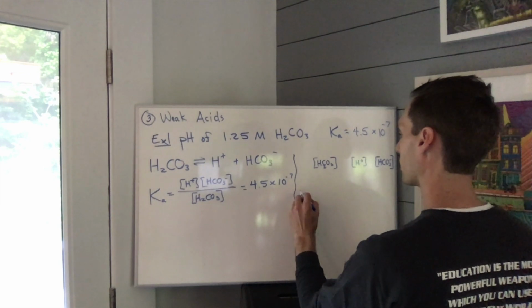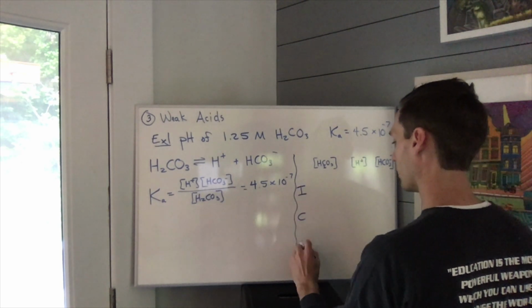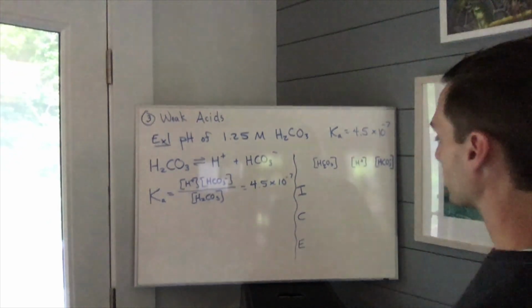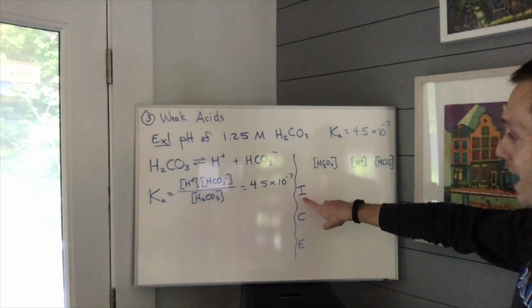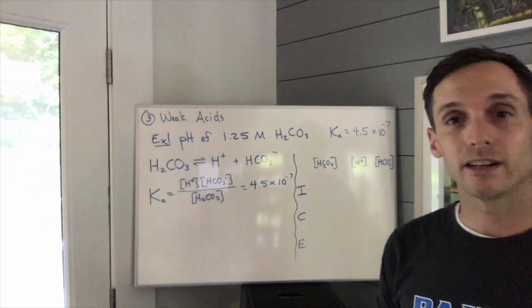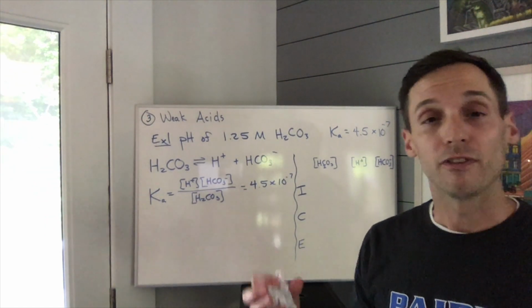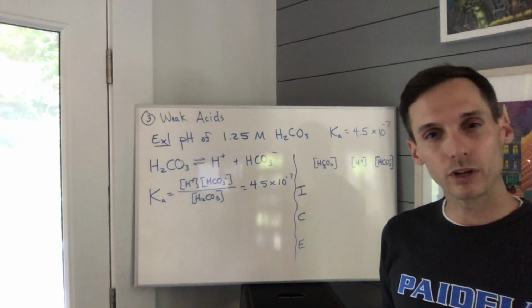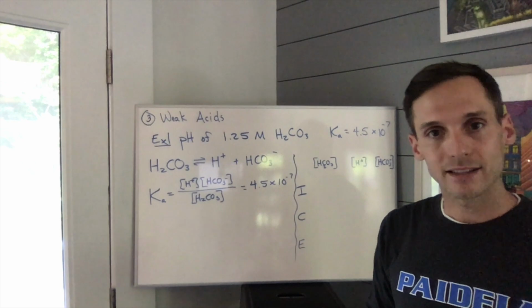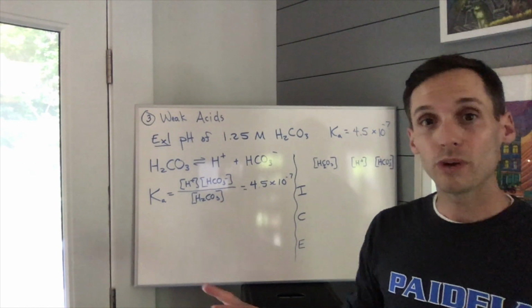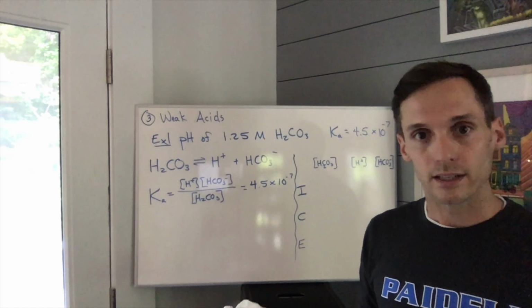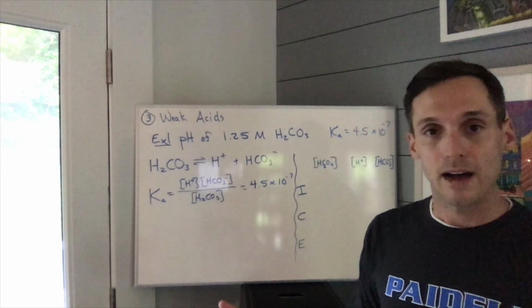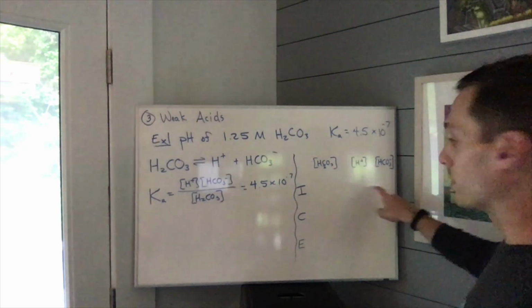And then down the column, you're going to spell out ICE. And each of those letters stands for something different. So I, in this case, will stand for the molarity initially, okay, before any dissociation has occurred. So what we're assuming is that basically we put an acid in water, and before we allow it to do what an acid does, which is dissociate and donate that proton, it's the molarities initially.